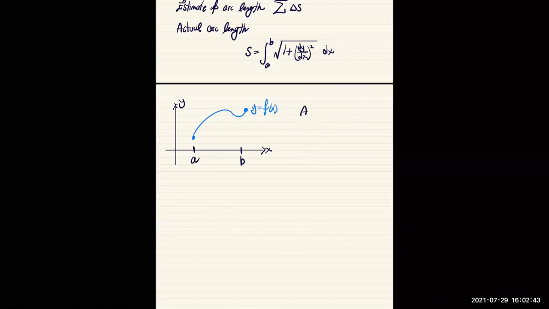Arc length, which we call S, is the integral from A to B of the square root of 1 plus f prime of x squared, since dy dx is f prime of x. Integrals with respect to x. An extremely important formula in calculus and physics. Very important.